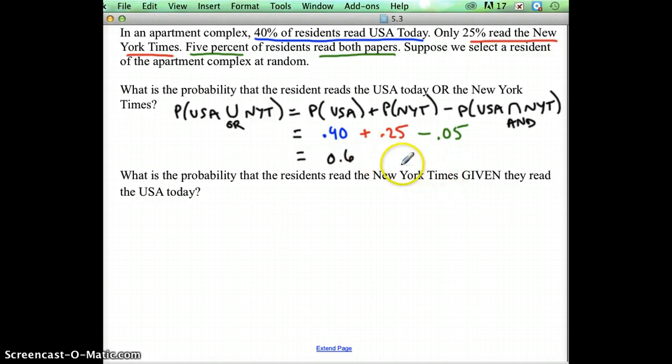Okay, now you can leave your answer like that, or you can move the decimal place over twice and say 60%.